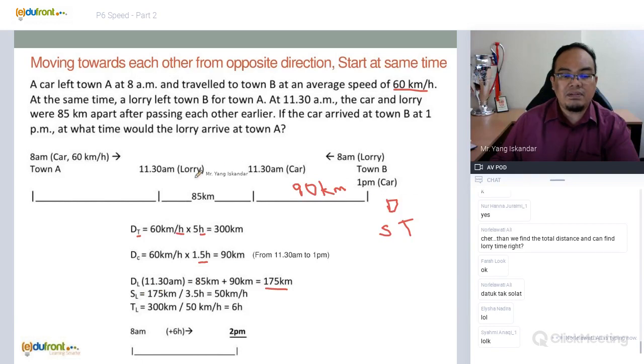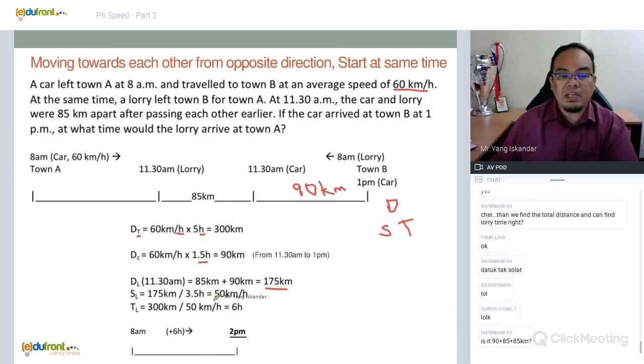The distance is 175, and the time taken from 8 a.m. to 11:30 a.m., because remember, the lorry also started at 8 a.m. and reached this point at 11:30 a.m. The total duration is 3.5 hours. Speed is distance divided by time, right? So distance is 175, how do we get 175? 90 plus 85, divided by 3.5. You get 50 kilometers per hour. So the speed of the lorry is 50 kilometers per hour.